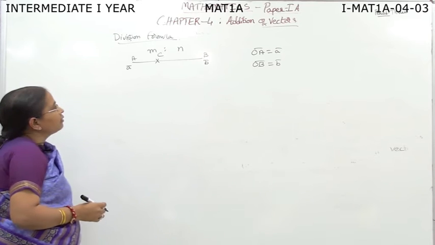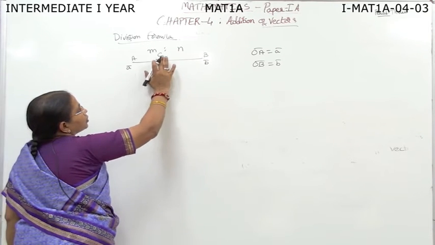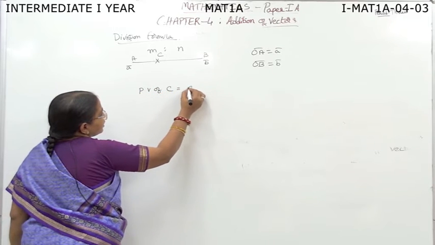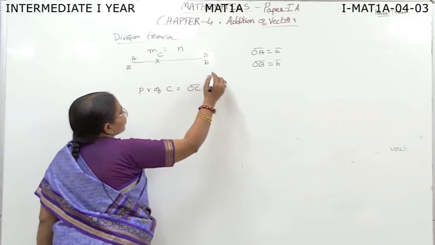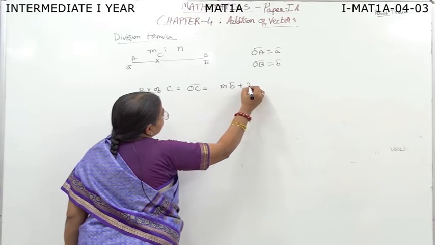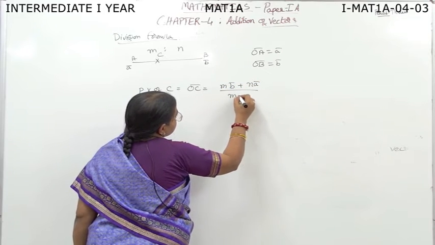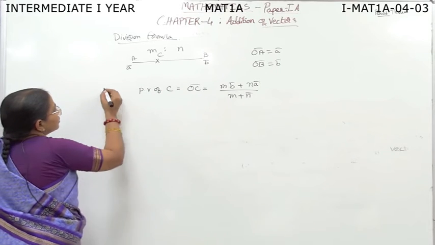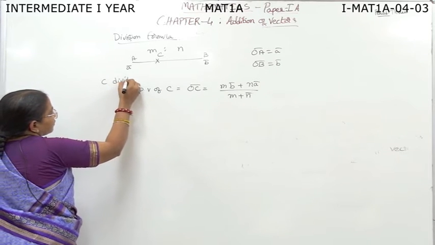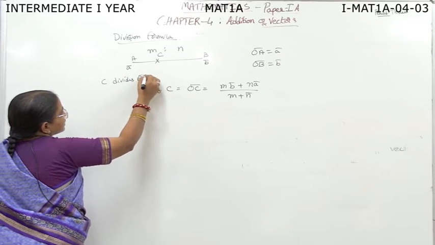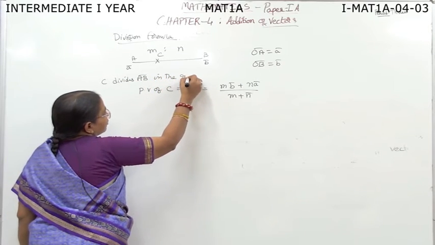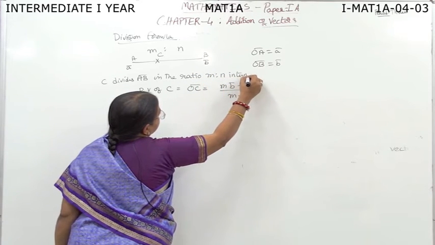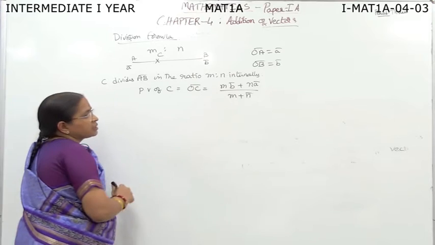Then the position vector of C, that means OC, is given by the formula (m b plus n a) by (m plus n). So if C divides AB internally in the ratio m is to n, then the position vector of C is given like this.